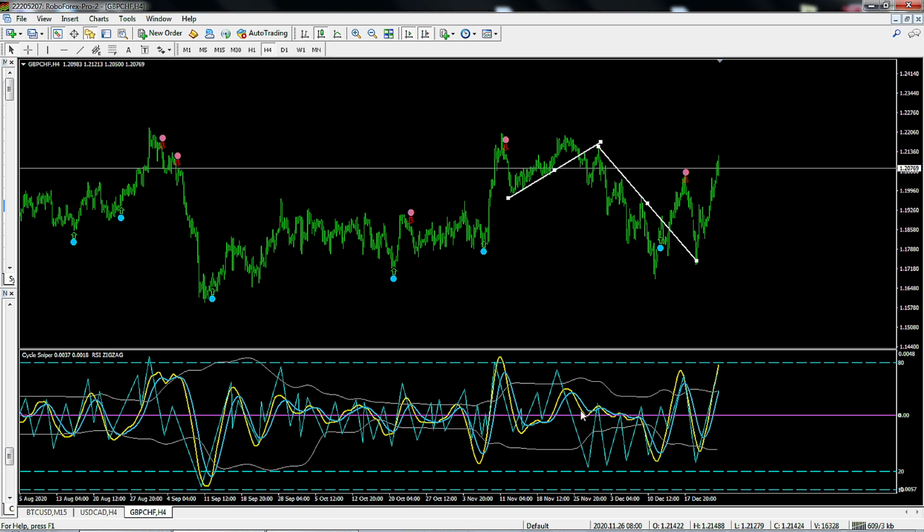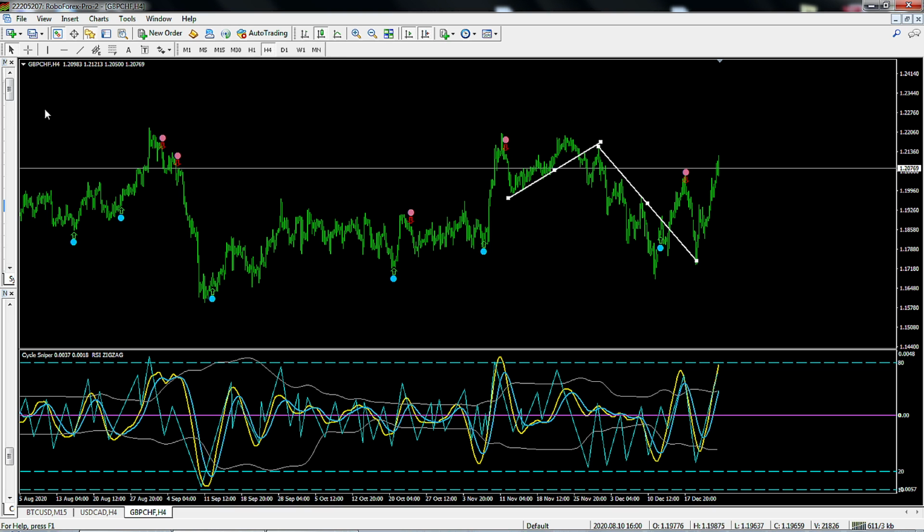So it is not worth buying here. We need to wait for Cycle Snipper to be oversold or overbought, which means both the signal and the price line are above the deviation line or below the deviation line. This one is our deviation line.